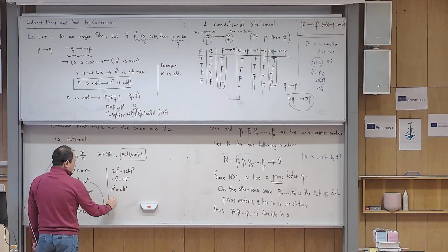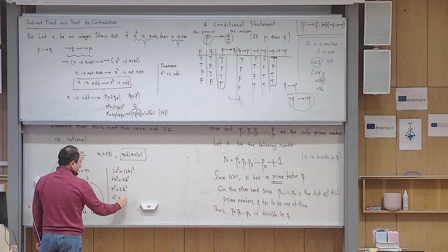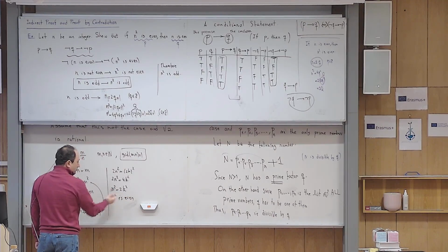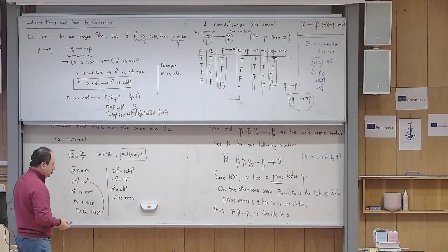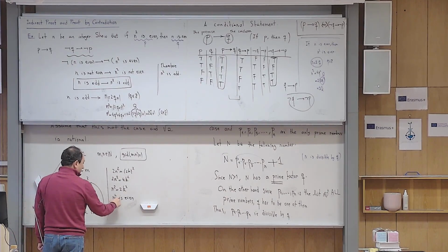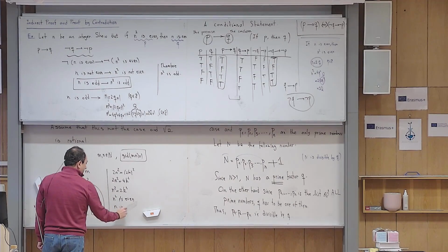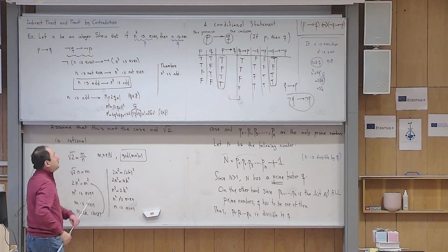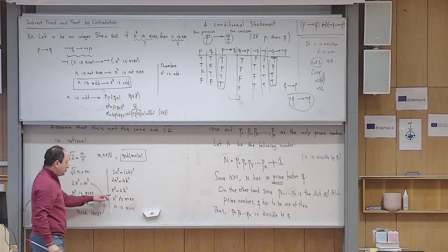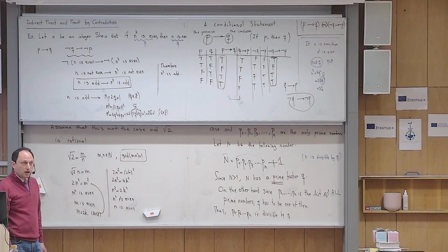Do you agree with me if I write n squared is even? No. n squared is 2 times k squared. So it is even. If you want to disagree at that level, then I don't know what to do, okay? So n is even again. Why? Because of that problem again. n squared is even, n is even. Yes? And now we are in contradiction. Why?